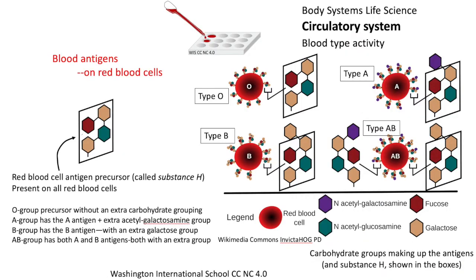And then we have the blood antigens on red blood cells, and the antigen precursor is the rhombus on the left-hand side, called substance H, sometimes called antigen H. You've got the precursor on all the types of blood, but you've got a different group added to A or to B, and you can see what those are below.